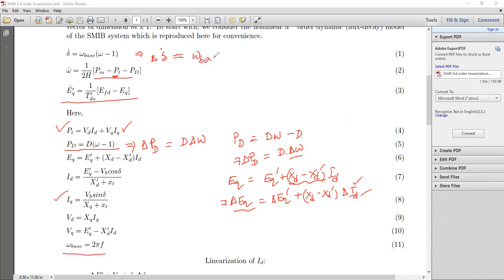So we can write del delta dot equals omega base into del omega minus 0, because omega base is a constant. So your first equation would be simply del delta dot equals omega base multiplied by del omega. The next few equations require a little more attention, and we will continue with that in the next slide.